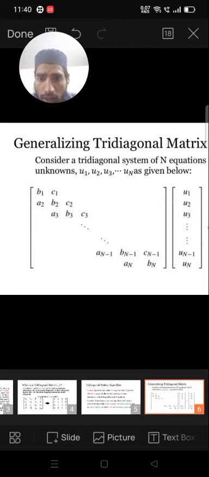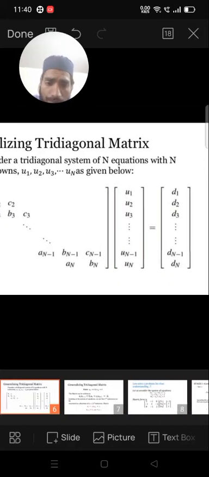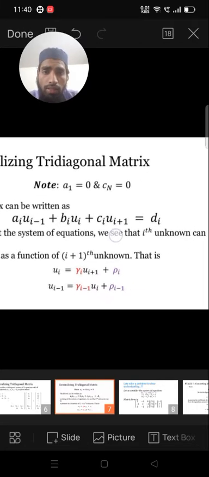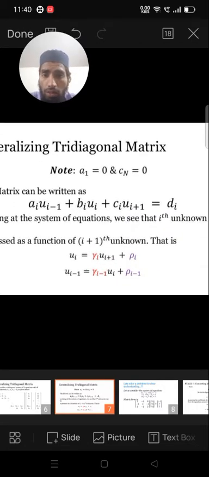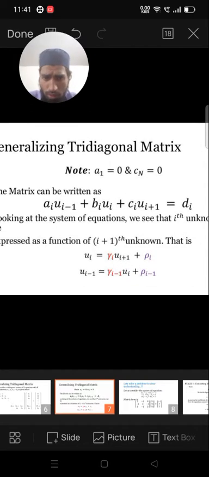So generalizing the tridiagonal matrix, note a1 is equal to 0 and cn is equal to 0. So the system can be written as ai ui minus 1 plus bi ui plus ci ui plus 1 is equal to di.